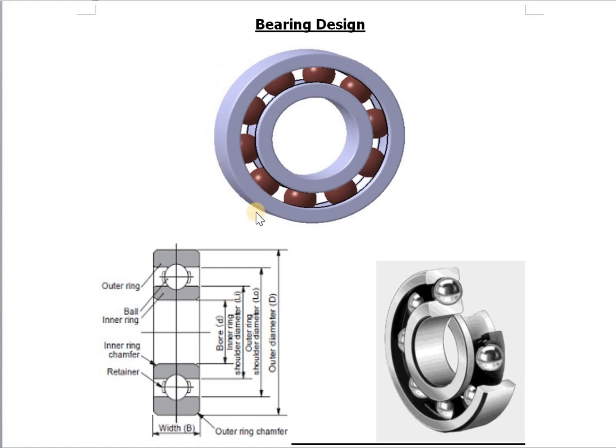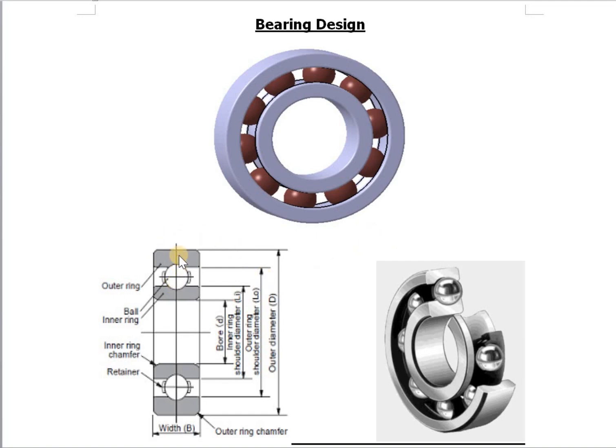Generally, the number contains some digits and some letters. These digits and letters indicate the dimensions like internal diameter and outside diameter, while letters generally indicate the protection and the clearance.